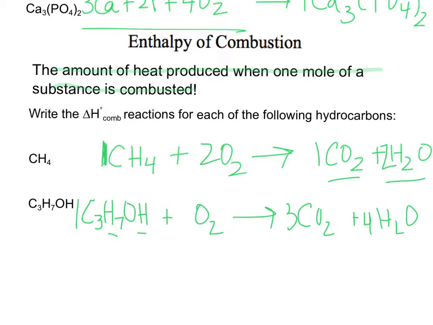And now this leaves us with 3 times 2 is 6 plus 4, we have 10 oxygens on this side. One of those oxygens is there, so that leaves us needing 9 additional ones. That's an odd number, so whenever you have an odd number, we're going to make a fraction here. 9 over 2, 9 divided by 2 times 2 oxygens is 9. So again, fractional coefficients are totally acceptable when you do enthalpies of combustion and enthalpy of formation equation writing.